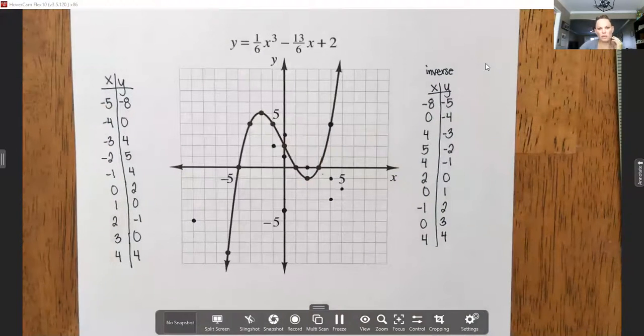So this one might be a little bit harder to see kind of what the graph looks like. Maybe it's not. So again, get those points plotted. Some of these kind of get busy in here because there's a lot going on. This point repeats because the x and y coordinate were the same.